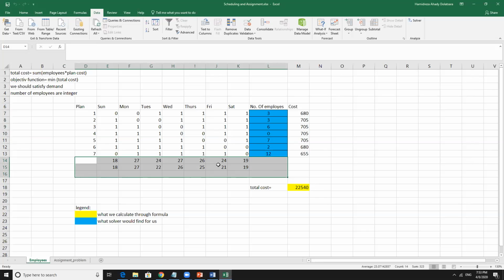Like Friday we have 24, but we just have 21 employees needed. Same for Thursday, Wednesday, and Tuesday. So in these days we deliver more employees than is needed, but it's the only way that it's solved. It couldn't reduce costs more than that.